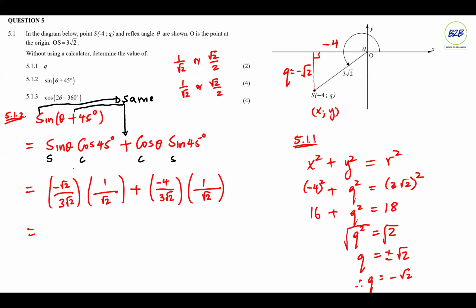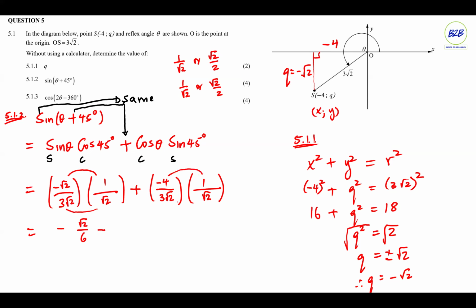And then when you multiply the two numerators, you're going to get negative root 2. And then you multiply the two denominators, you're supposed to get a 6. And then it will no longer be plus now. It will be this negative from 4 multiplied by that plus, and then we get a negative.